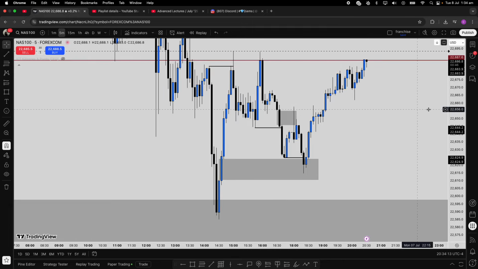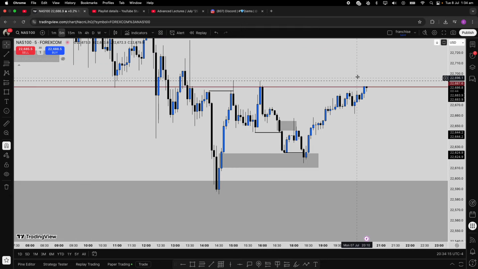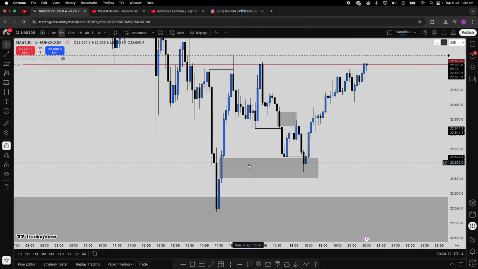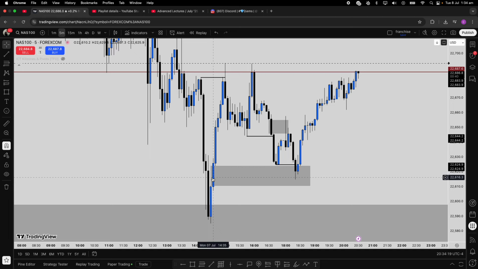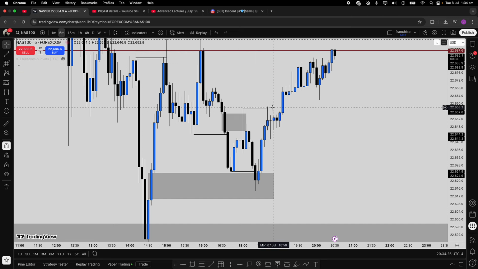So technically the higher time frame is moving from internal to external. But because this is internal, you could then be targeting this as your partial. And what do we then do after taking this partial? Do we move up in a straight line? No. External to internal.